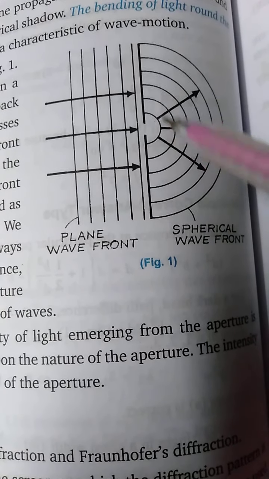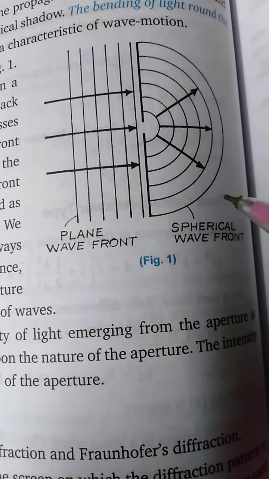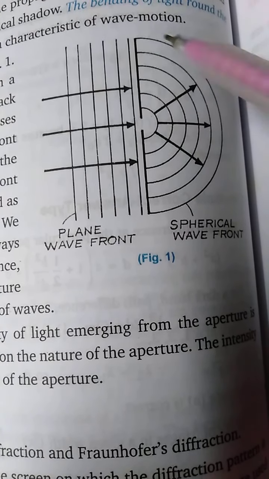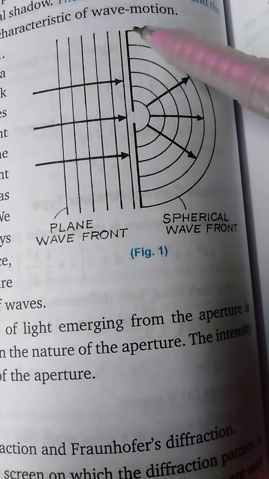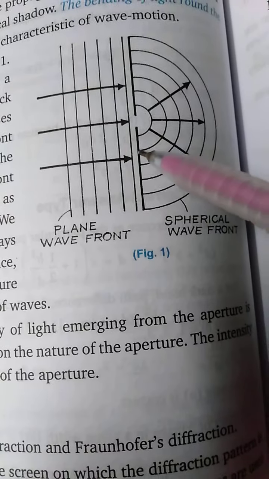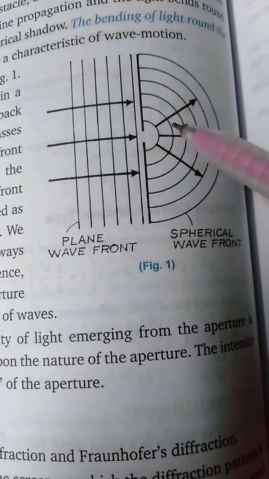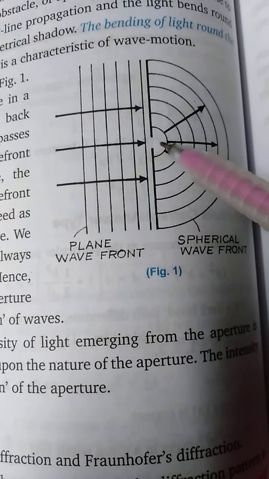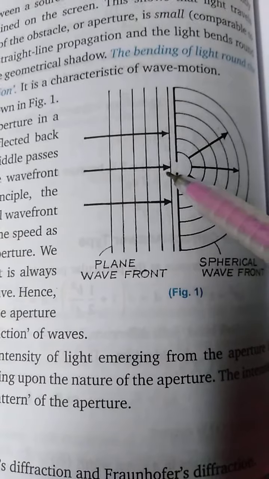These are the secondary spherical wave fronts, and these are the directions of the rays. If we keep a screen here, then in the place where we expect shadow, we will get some light. Why? Because light is diffracting.